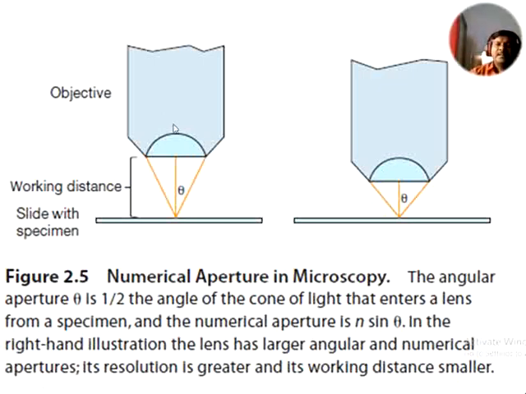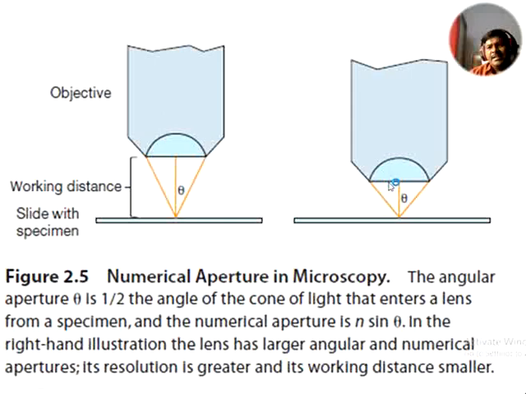See, here the size of the numerical aperture of the lens is small, and here the size is bigger as compared to the first figure.